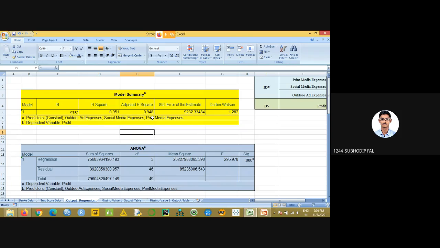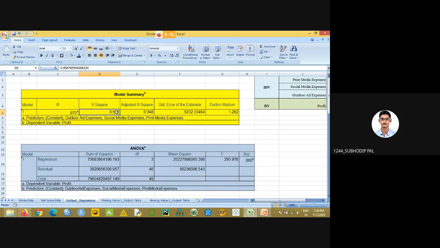So these are all kinds of advertisement expenses, right? As I spend on advertisement, my profit will vary accordingly. That is the basics of this entire model. Clear to everyone? Yes.